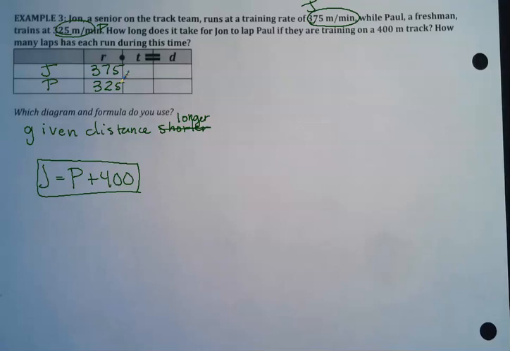We don't know the time. We know the distance. So what's the distance? We know it's 400, because we know he lapped him, right?